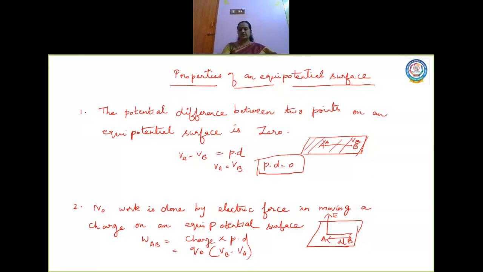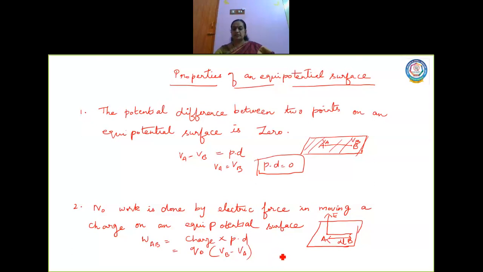I'm going to shift the point A to B, so the potential difference will be VB minus VA. As I told you, the potential difference on an equipotential surface is definitely 0. That is why we discussed it as the first point. So if VB is equal to VA, then here it is going to be 0. And what about the work done?